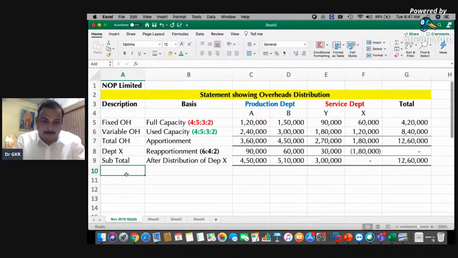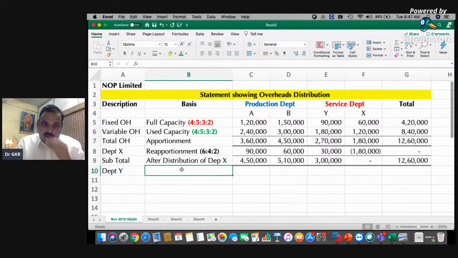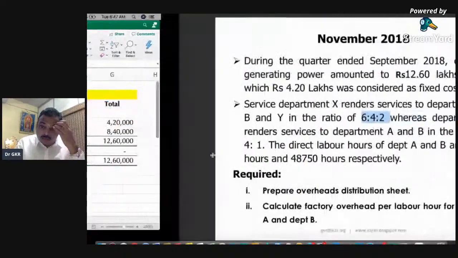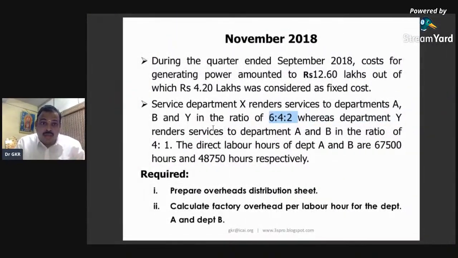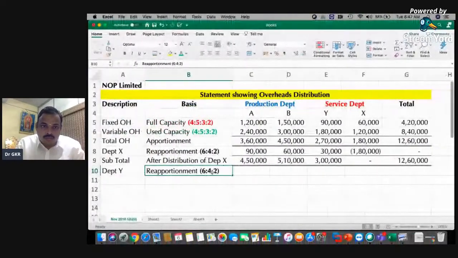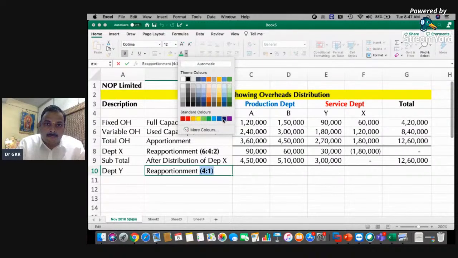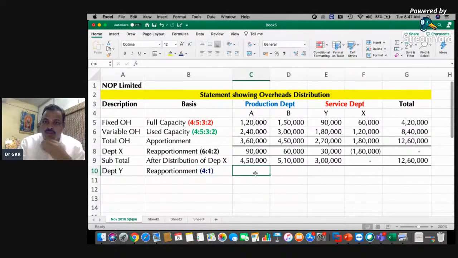Now department Y, reapportionment. So what is the ratio? Department Y renders services to department A and B in the ratio of 4:1. So this is the ratio.